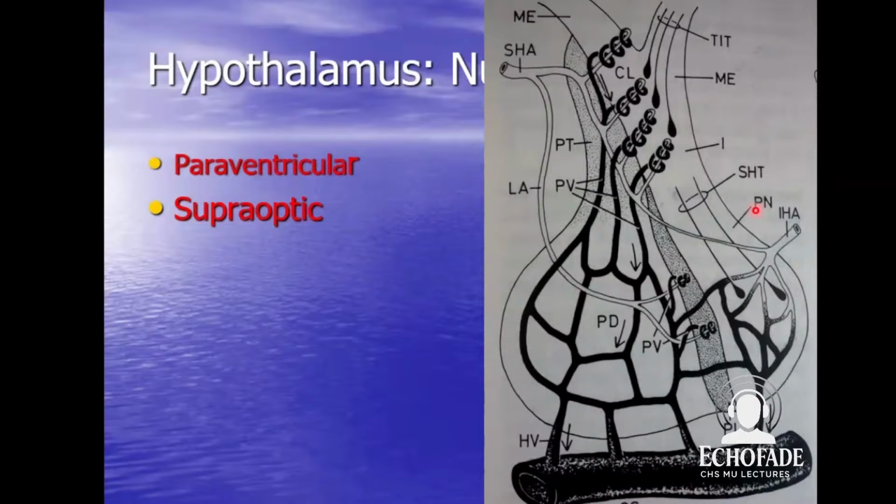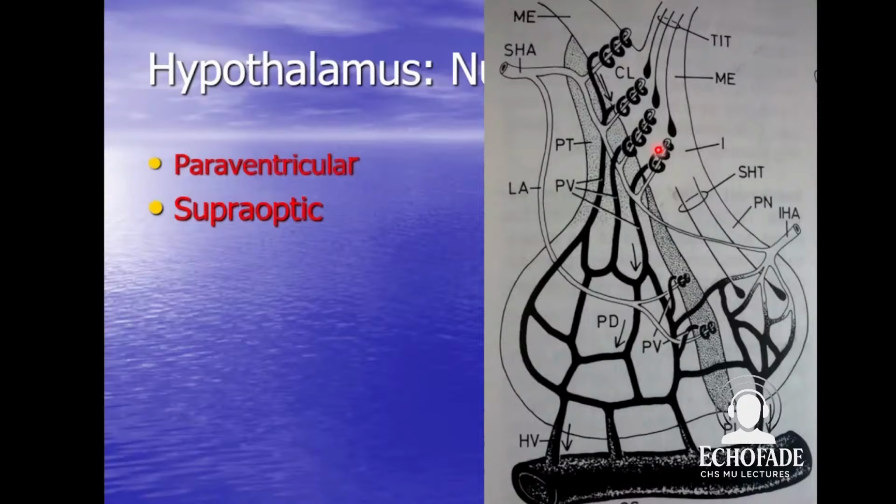The hormone is then transported from this nuclei in the hypothalamus to the neurohypophysis. The axons extend all the way from the hypothalamus to the neurohypophysis, where the hormone is stored and released. Within the cell, we have visible structures that we call Herring bodies.